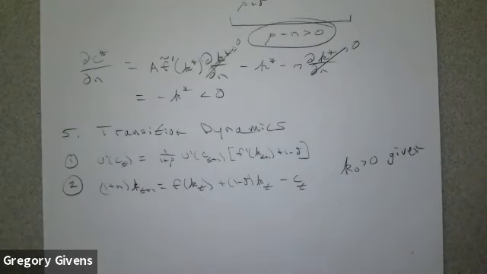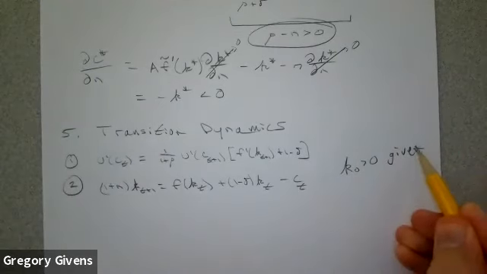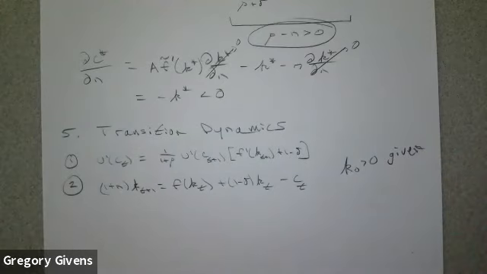The combination of boundary conditions, both at 0 and at infinity, where the boundary condition at infinity is the transversality condition, essentially, is typical for economic problems that involve both states and controls.